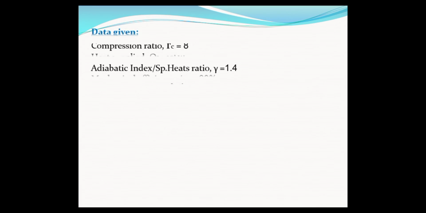So this is the air standard efficiency. By knowing the data which has been given, that is compression ratio 8 and adiabatic index 1.4, by using these compression ratio and adiabatic index, we can calculate air standard efficiency for Otto cycle.